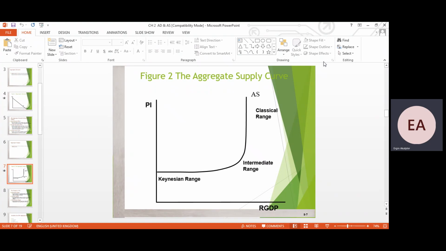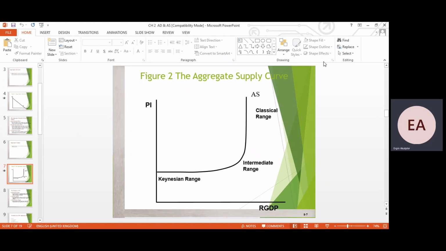On the graphic, we are illustrating the Keynesian range, which is a line parallel to the real GDP, supposed to be, in the short run, not effectively affected by price changes. In the classical range, as you are observing, it is again ineffective when prices change.